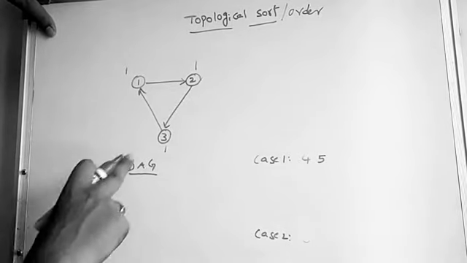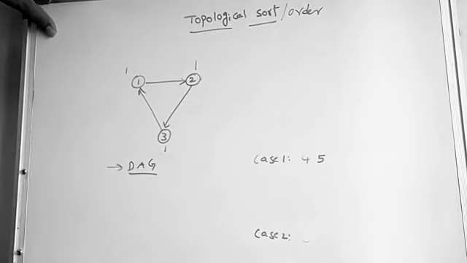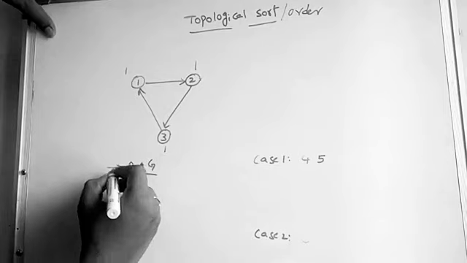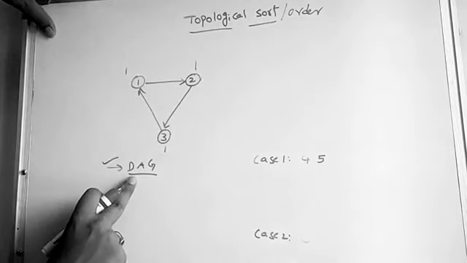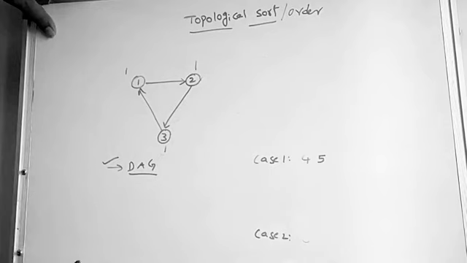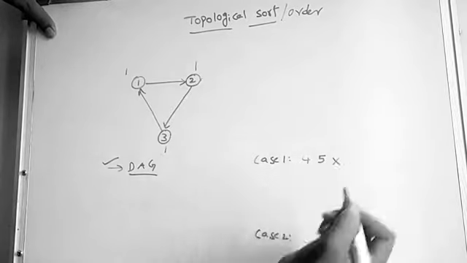If there is no 0 vertex, we are not able to delete any vertex from the graph. For this reason the graph should be in the form of a DAG. Whenever a vertex has in-degree 0, only then can we remove it. If no vertex has in-degree 0, we are not able to do the further step. Now we are stopped here.